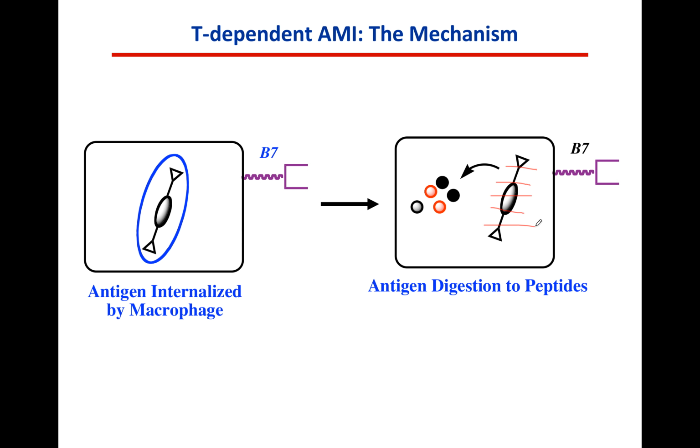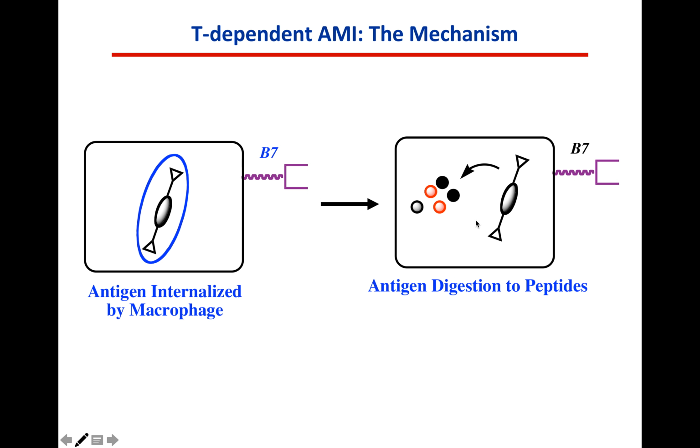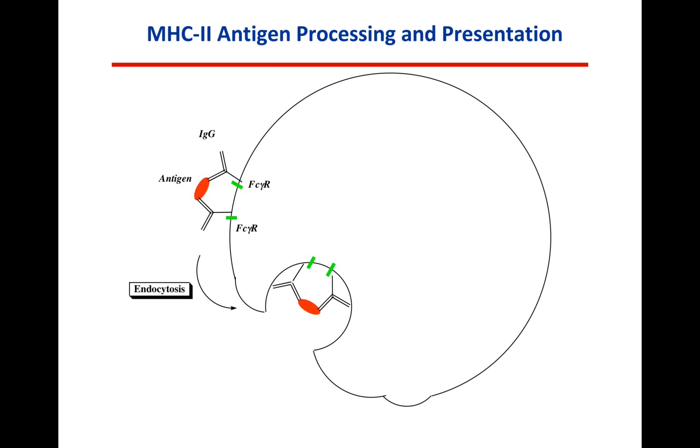The antigen has been proteolyzed into pieces or peptides. Now these peptides are important because this antigen presenting process has some complexity to it, because these peptides come from the antigen and they're referred to, as we'll see, as antigenic peptides.